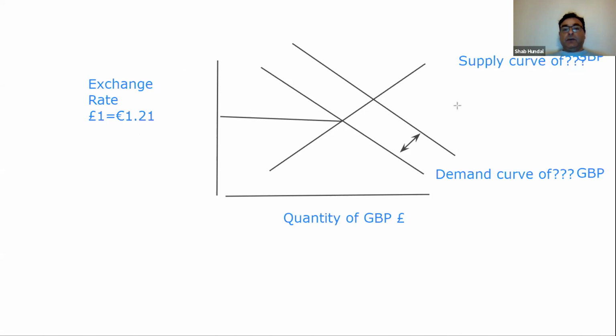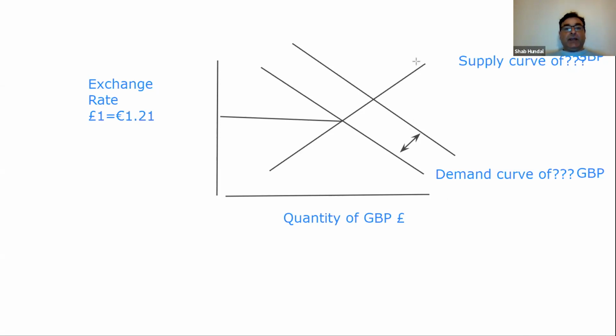And as a result, what will happen? The supply of pound is same, the supply curve is same, but the demand curve has shifted. Maybe there are very positive signs of the British economy booming, and then people want to invest in Britain. So as a result, the demand curve shifts upwards.